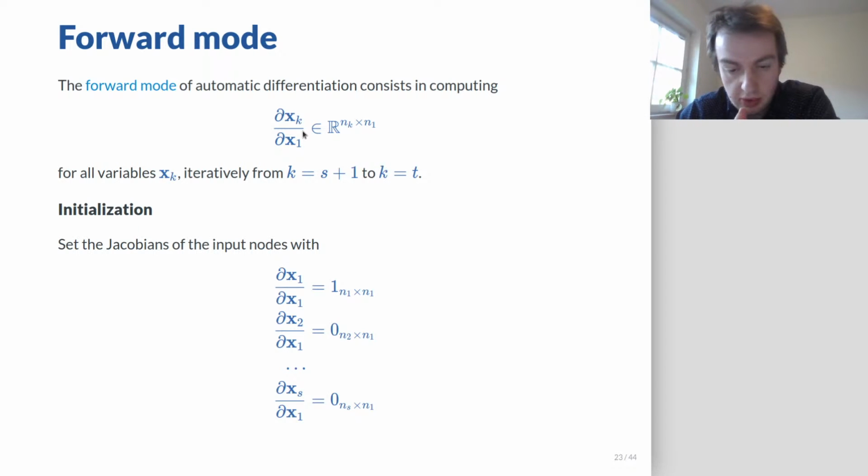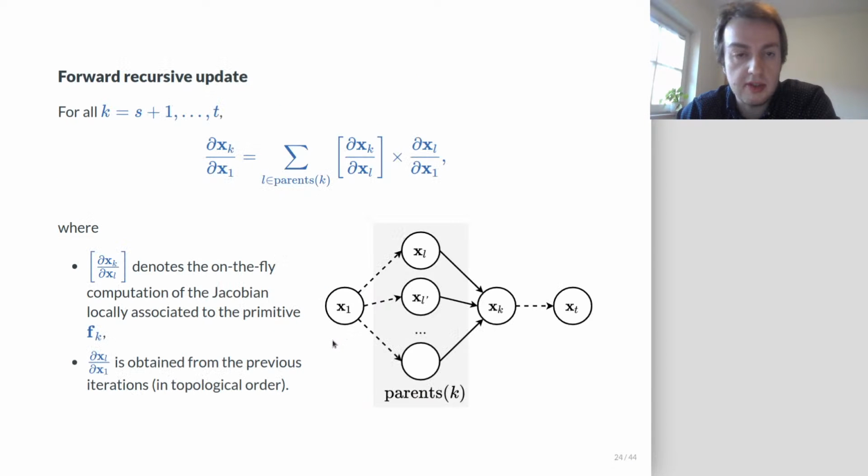So going from inputs, through the temporary variables, to the output, following the topological ordering of the variables, right? And you would initialize the Jacobians for the inputs by using either the identity or zero matrices.